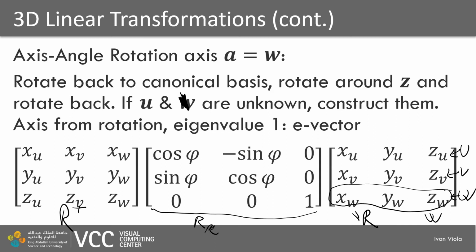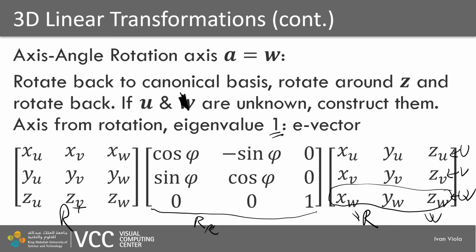If we have some rotational matrix and we are interested in what the axis of rotation is, we can compute it in the following way. One of the eigenvalues of such a rotational matrix will be equal to 1.